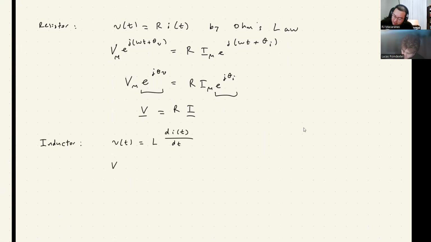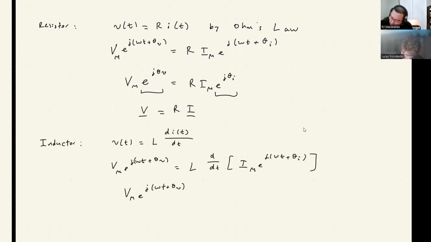And again, if we take our phasor notation, I'm taking the derivative of this complex current, and as I take the derivative of that term, I'm going to see again that a j omega pops out.